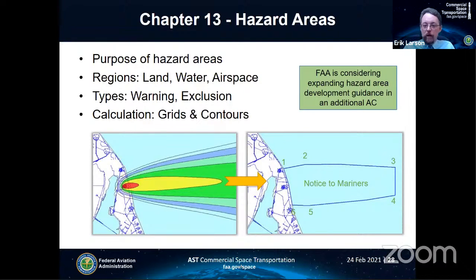And again, this is an area where the FAA is looking at expanding the guidance and developing additional information about how to create these hazard areas and further discussion of how to use warning and exclusion areas to meet that. Okay, let's move on to the next slide.